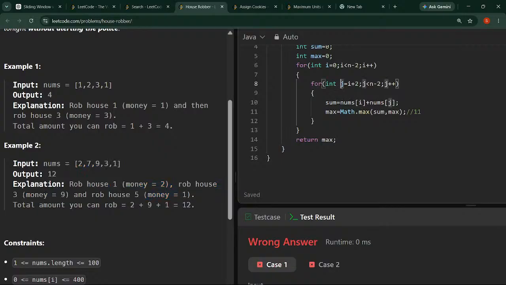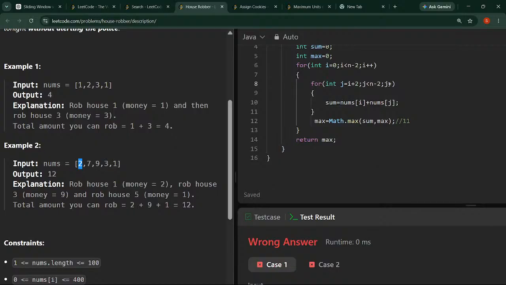Okay, if I took the J, the next J should be like not adjacent, like 2 plus 9 and 2 plus 3 and 2 plus 1. 2 plus 9, then 2 plus, rob house 1, rob house 3, and then you can rob house 5, 3 and 5.